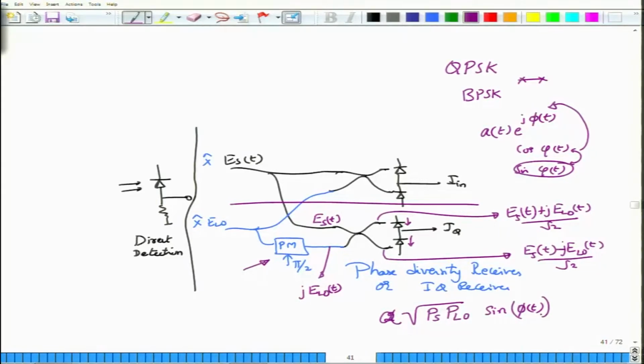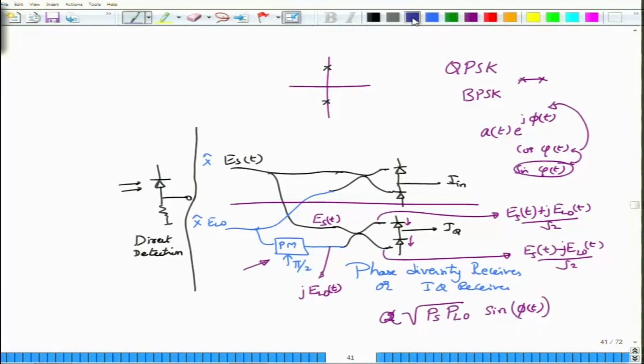For the case where I perform BPSK on the phi 2 axis, this phi of t could be pi by 2 or 3 pi by 2. So, I will get either sin pi by 2, which is positive, or sin minus pi by 2, which is negative. I can again obtain these two by looking at the sign of what I receive.